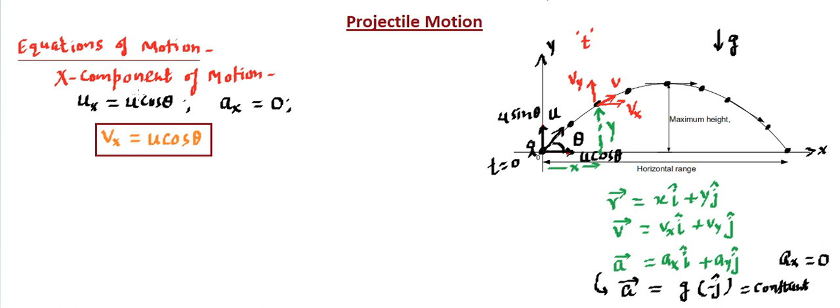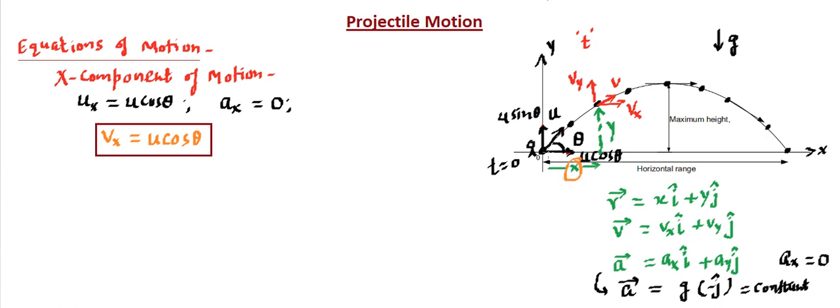We have talked about the velocity component in the x direction. Now our focus is the displacement component in the x direction. Since this is uniform motion and the particle is moving with constant velocity, after t time, the displacement it causes is basically x.